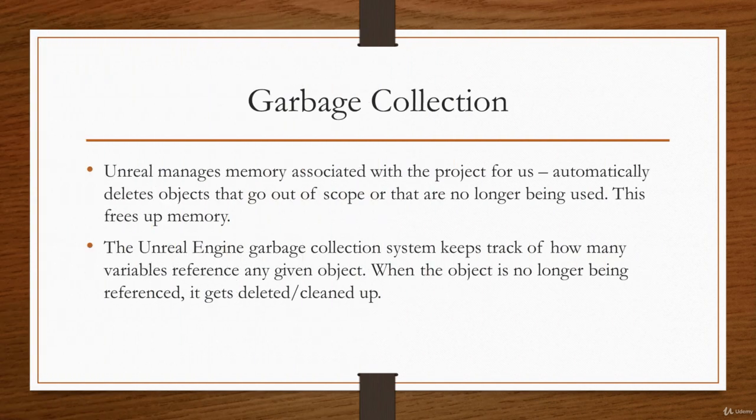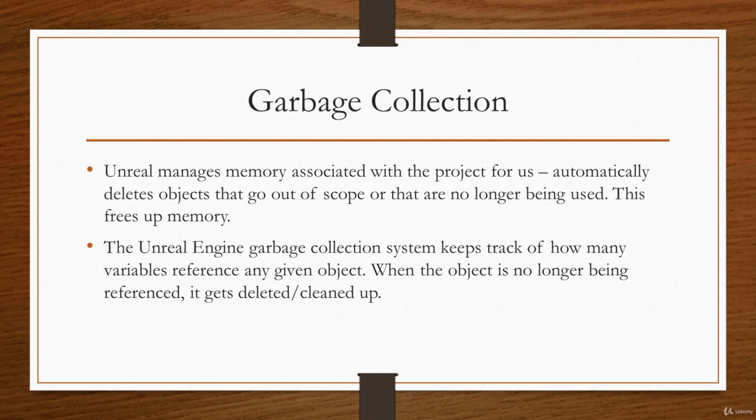We also have something called garbage collection. So Unreal manages memory associated with the project for us, automatically. It automatically deletes objects that go out of scope or that are no longer being used, and this frees up memory. The Unreal Engine garbage collection system keeps track of how many variables reference any given object, and when that object is no longer being referenced, it'll get cleaned up, or it'll get deleted basically.